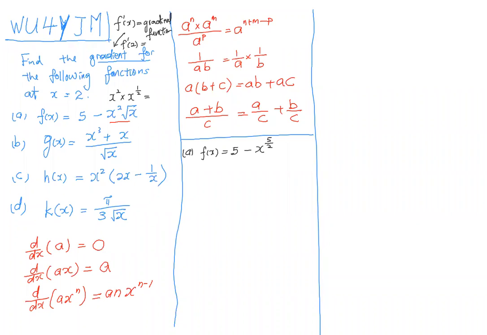So I differentiate. Next person, Adele, Ayman. Can you tell me what is the derivative for 5? Derivative for 5 is 0, so I don't have to write it. Then how about the derivative of negative x to the power of 5/2?